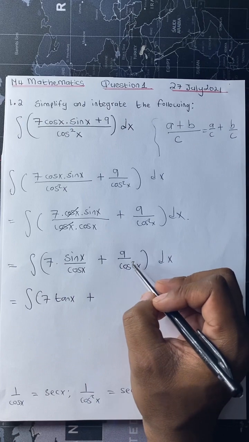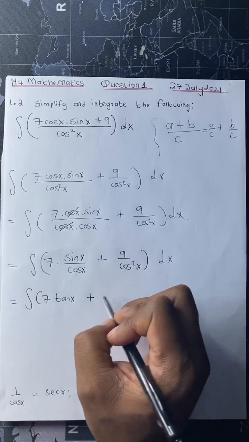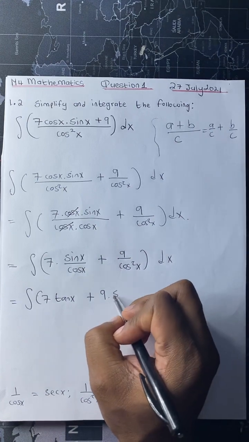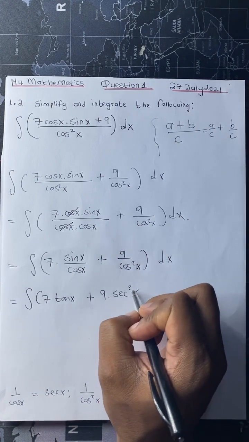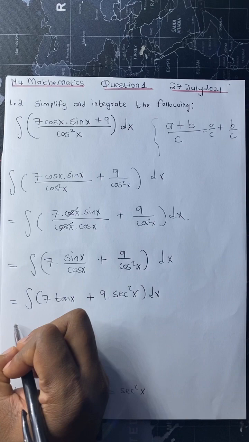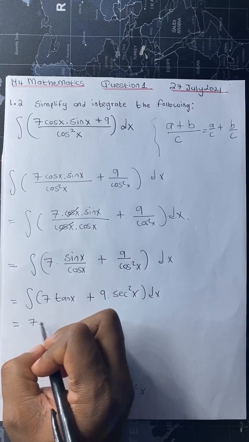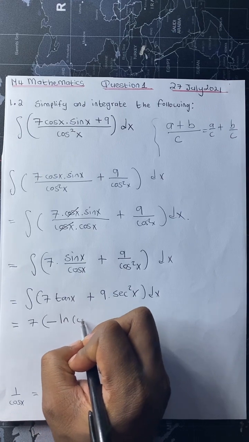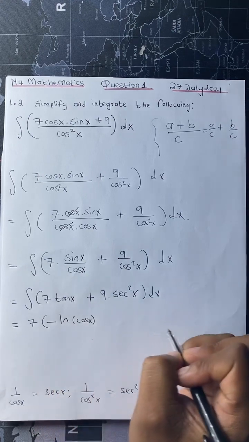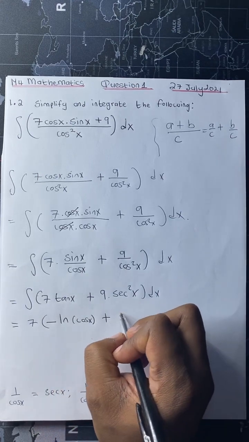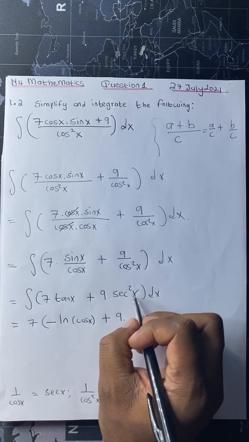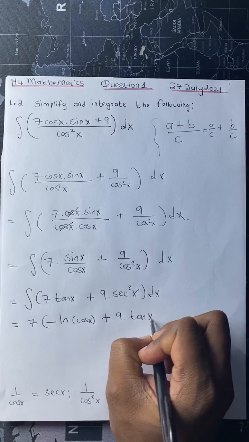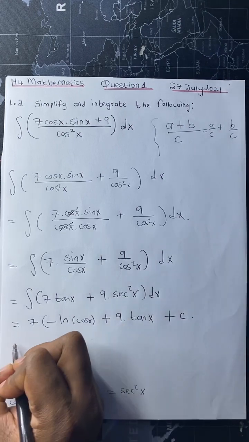So we have 9 multiplied by 1 over cos squared x, which we can express as sec squared x dx. So the integral of tan x is equal to negative ln of cos x. It's available on our formula sheet, plus 9 multiplied by the integral of sec squared x, which is equal to tan x, plus our constant c.